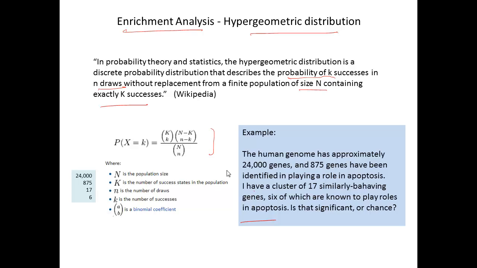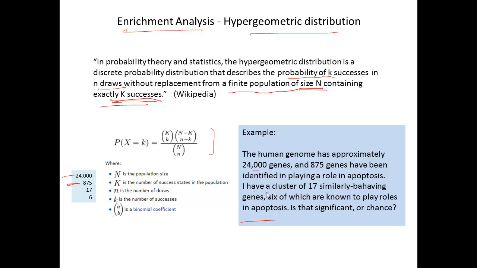Here are the variables defined. If we say that the human genome has approximately 24,000 genes, then the finite population size N is 24,000. And 875 genes have been identified in this database as playing a role in apoptosis, so K successes means 875 are labeled as apoptotic.